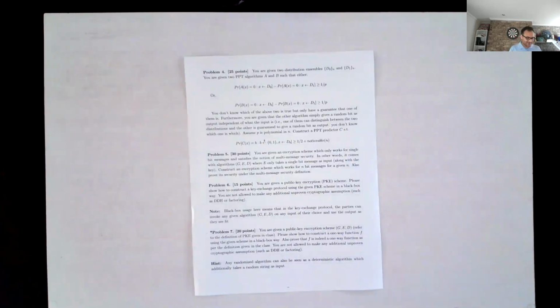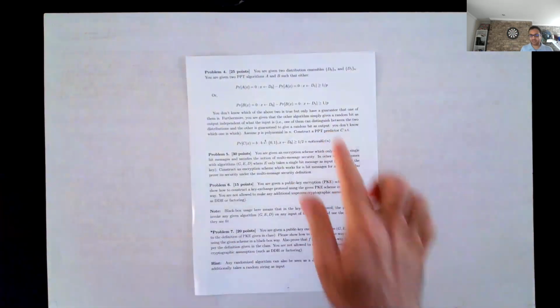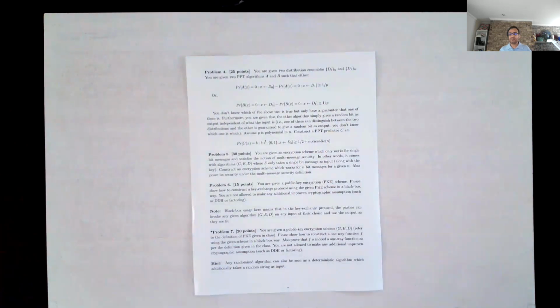So I was just talking about how there's a general principle which we can use in a lot of different places. So let's design our algorithm as follows. We have to design a PPT predictor C. Okay, C gets something as input.